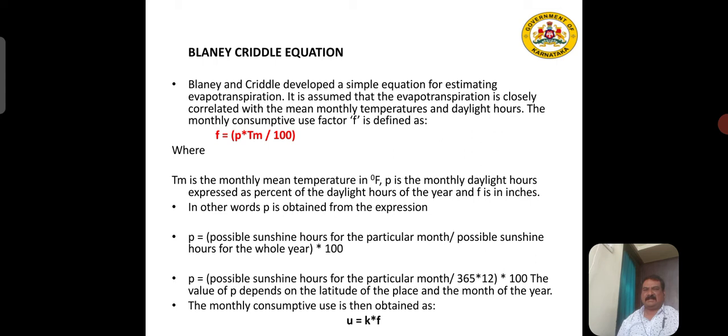So the Blaney-Criddle equation gives the consumptive use factor F is equal to P into Tm divided by 100 or U is equal to K into F, where K is an empirical crop coefficient. It depends on the month and the place.